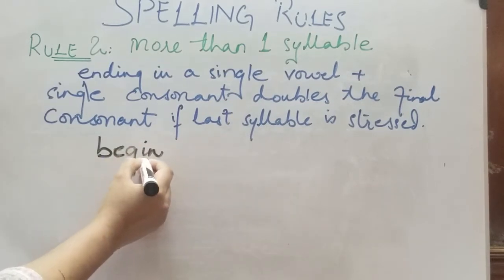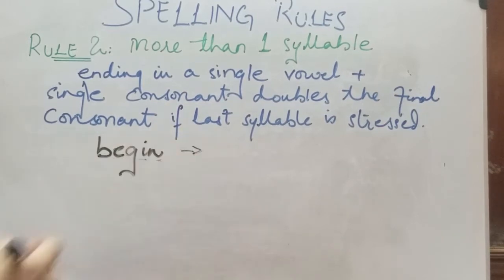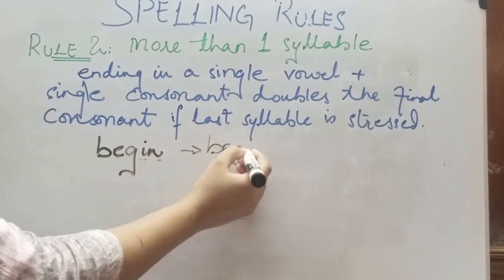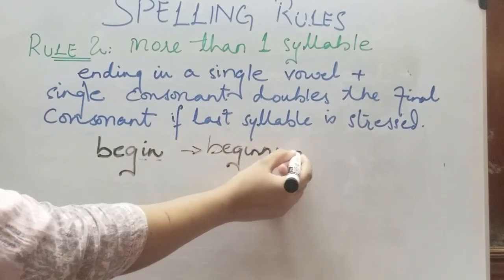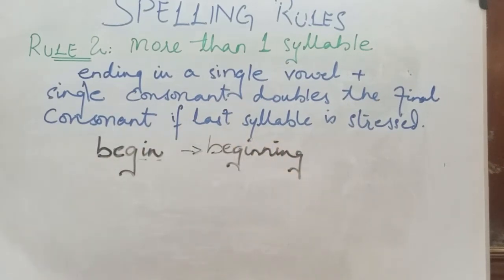Now it's ending in a single vowel as well as a single consonant. So this will turn into beginning, right? So it has already doubled the consonant. Begin, begin. We are putting a stress over here, so it becomes beginning, right? Occur.